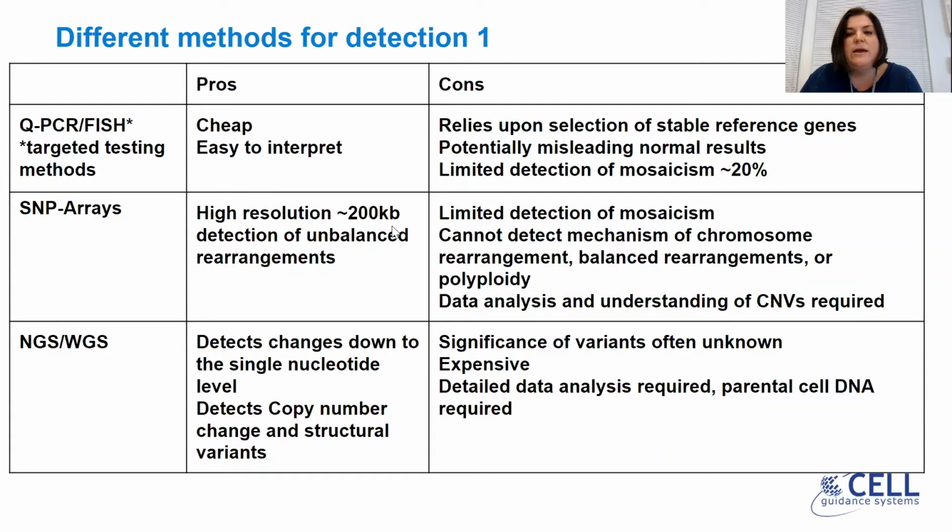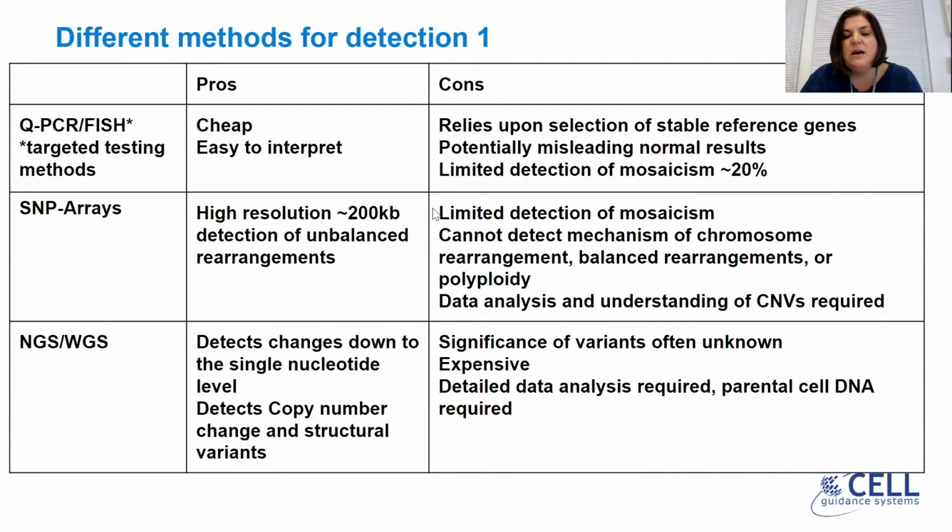They also rely upon selection of stable reference genes. Now, historically, these have been housekeeping genes in cells, but a lot of these were characterized decades ago. And there's some evidence that within a very dynamic cell culture with high cell proliferation, such as you might find in iPSCs, they may not be as representative as we'd hope.